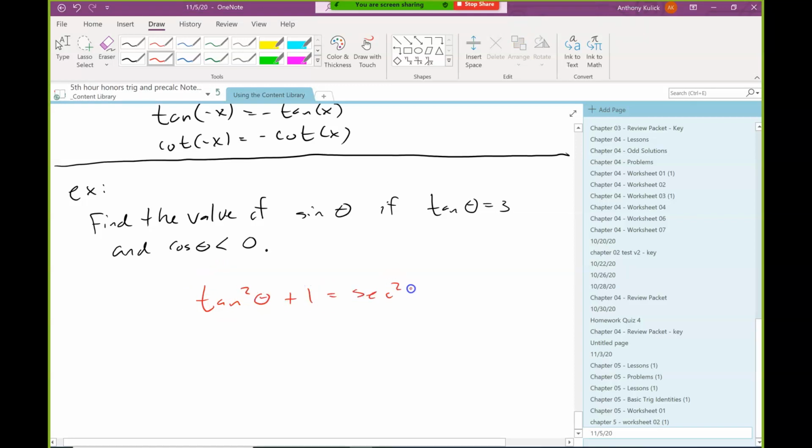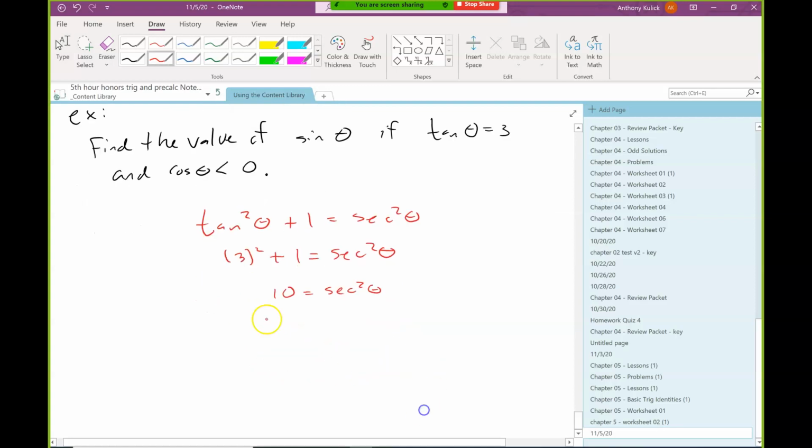So I have 3 squared plus 1 is equal to secant squared theta. 3 squared plus 1 is 10. I get the square root of 10 is equal to secant theta. Now, since I know that cosine is negative, I also know that secant would have to be negative.